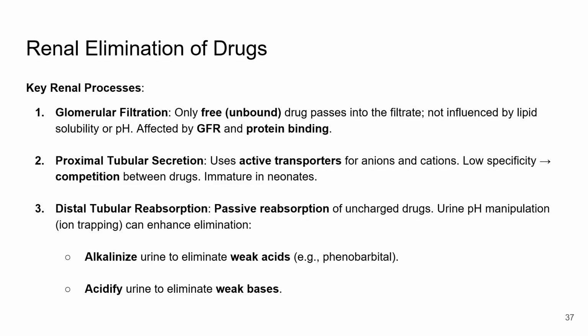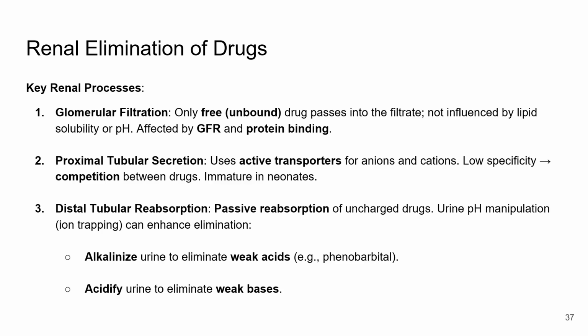Okay, so this slide breaks down renal drug elimination into three key processes, each of which is going to contribute differently to how drugs leave the body. So first, glomerular filtration, which we touched on in the previous slide.